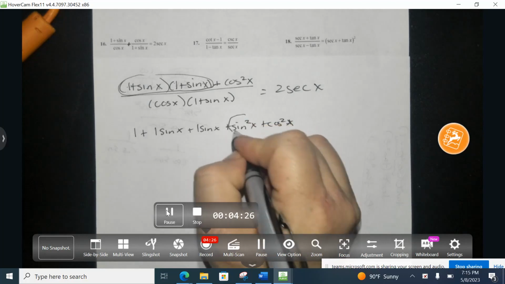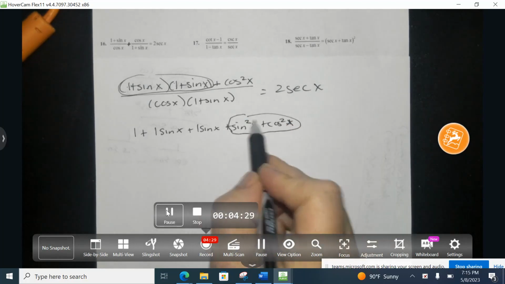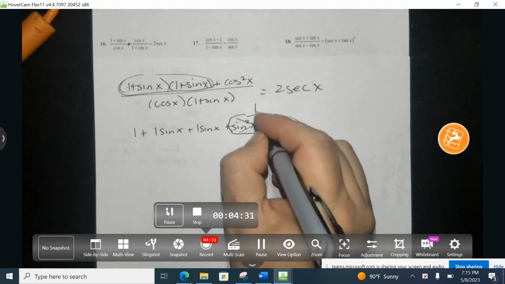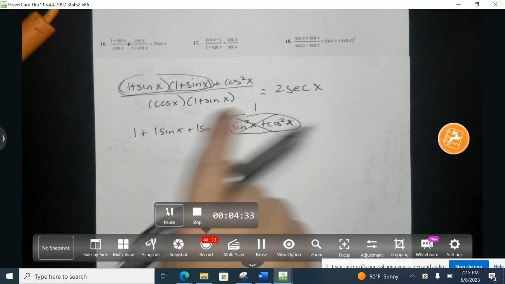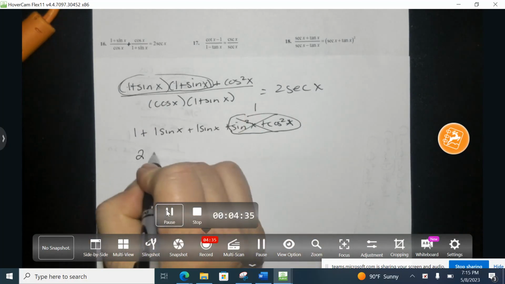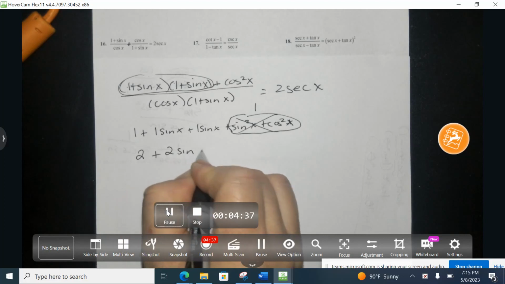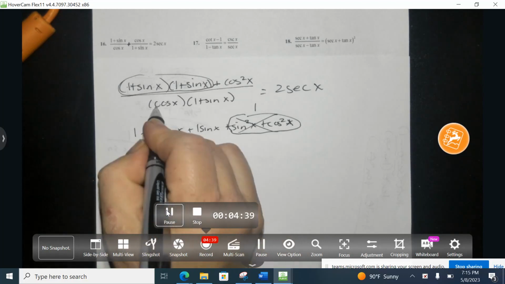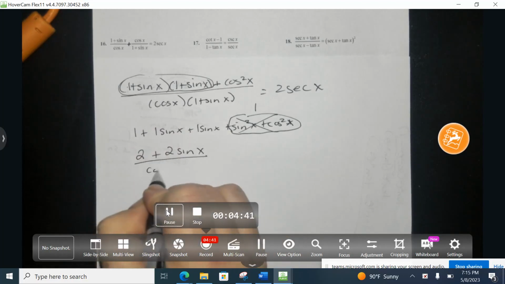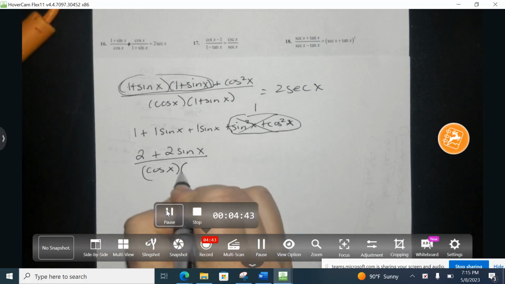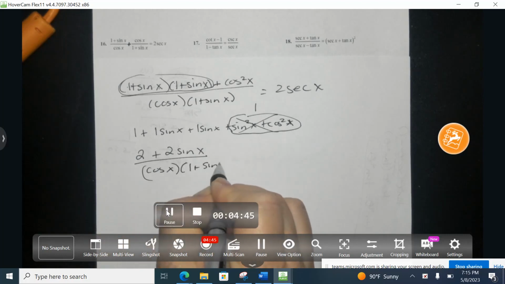I know one of the identities is that sine squared x plus cosine squared x is the same as 1. So I really have 1 plus 1 is 2 in the numerator, plus there's 2 groups of the sine of x. And that's all over this quantity, cosine x times 1 plus sine x.